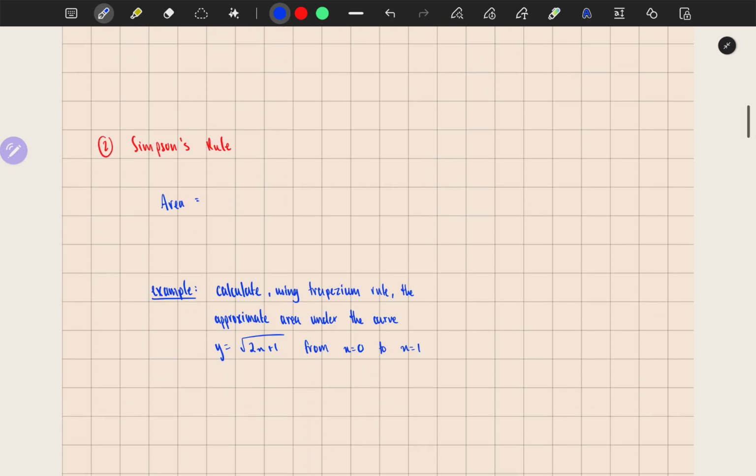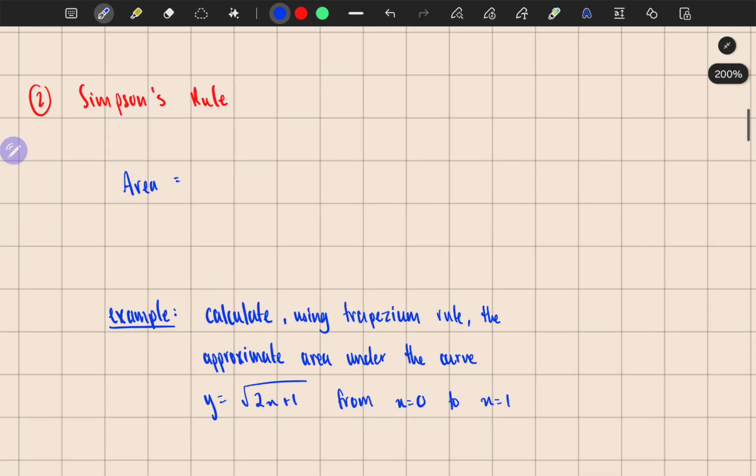Okay, now let's move on to Simpson's rule. Simpson's rule is very similar to the Trapezium rule in that it's still a numerical integration, and it also draws the same trapeziums that you see in the Trapezium rule, but just uses a slightly different form.